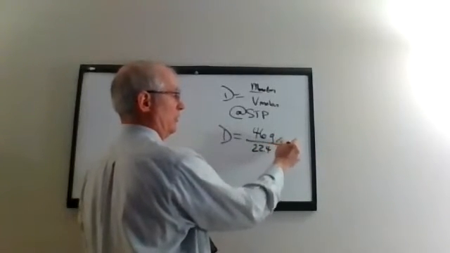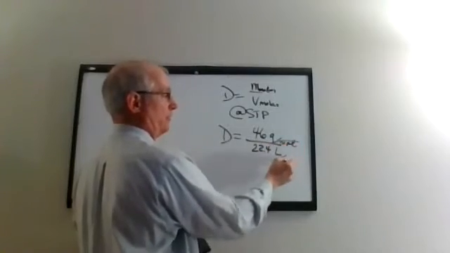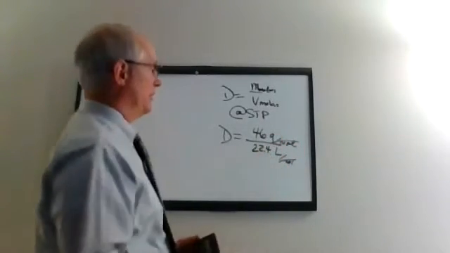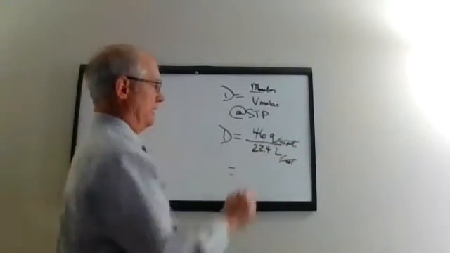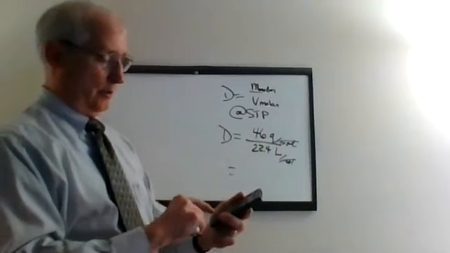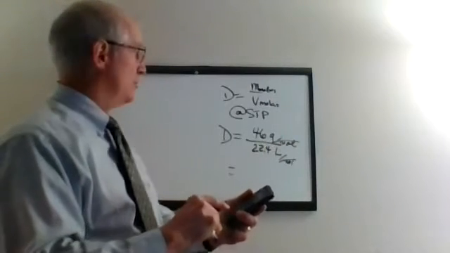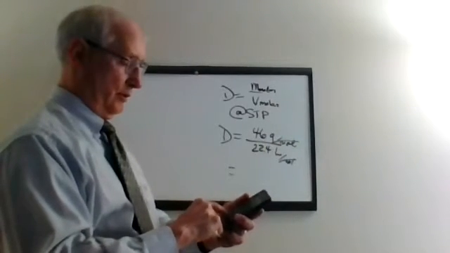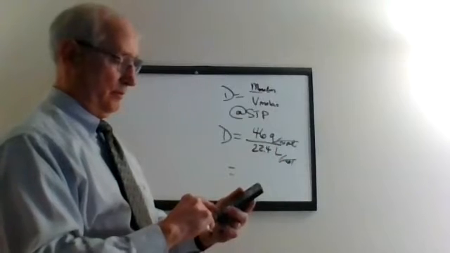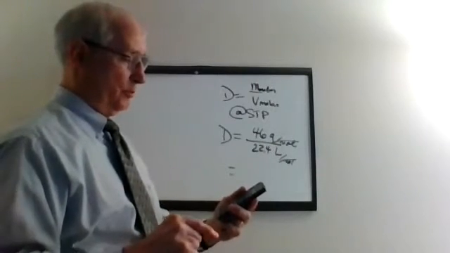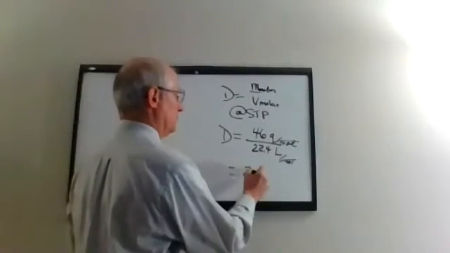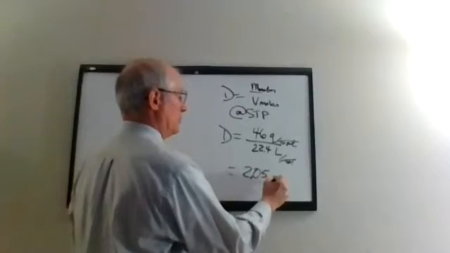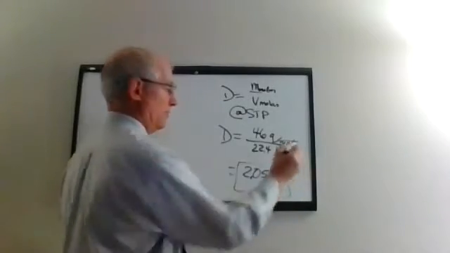Per mole cancels, and you get grams per liter, and that's the density, 46 divided by 22.4. And that's 2.05 grams per liter. And that is what we expected.